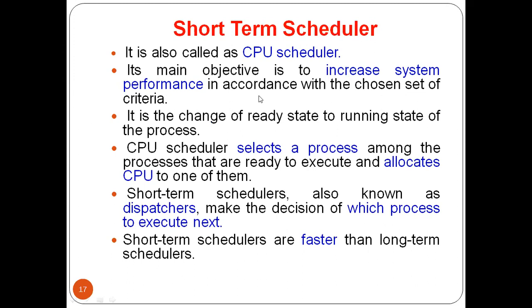So it is the change of ready state to the running state of the process, and the CPU scheduler will select the process among the processes that are ready to execute, and the next task is to allocate the CPU to one of the processes. The short-term scheduler is also called the dispatcher, which will make the decision of which process to execute next. So short-term schedulers are faster than the long-term schedulers.